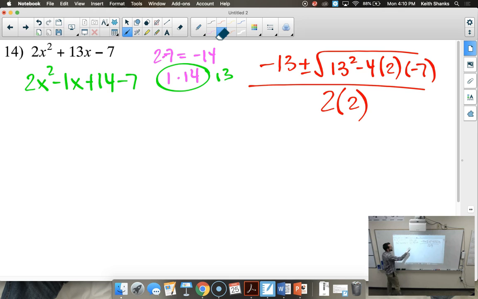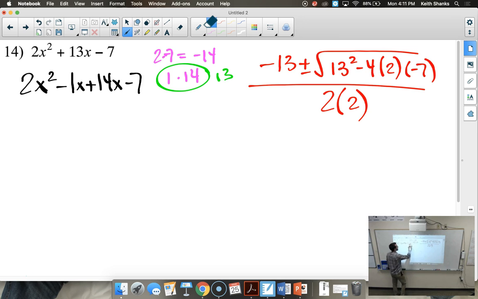Okay, again, it looks a little weird. Notice the middle terms here. I'm not going to change it, but I just want us to see 2x squared minus 1x plus 14x minus 7. These two add up to this guy. Okay, and then I could group these guys together and these guys together.